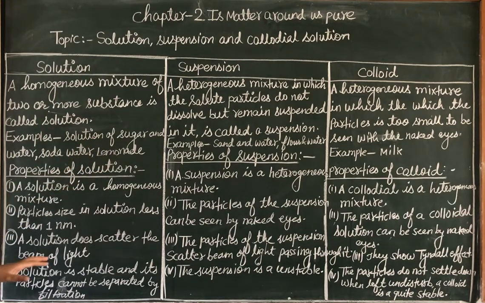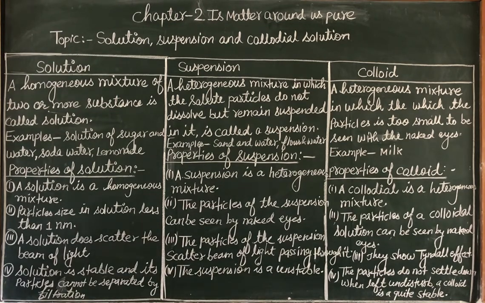So in a solution, the solute can be present in solid, liquid and gaseous form. The solute is present in the lesser amount in a solution and the solvent is present in the greater amount. So a solution has two components, solute and solvent. The solute is dissolved in the solvent.